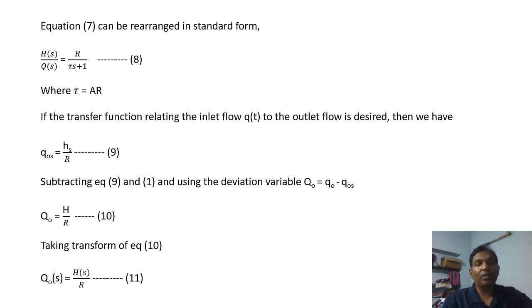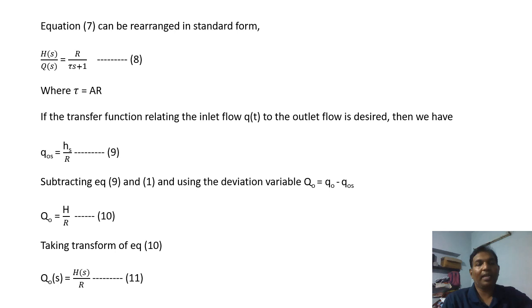In order to obtain the overall transfer function, we have to eliminate this resistance R by using the following steps. If the transfer function relating the inlet flow q of t to the outlet flow is desired, as I said, then we have to use this relation: Q0 of s is equal to H of s by R.